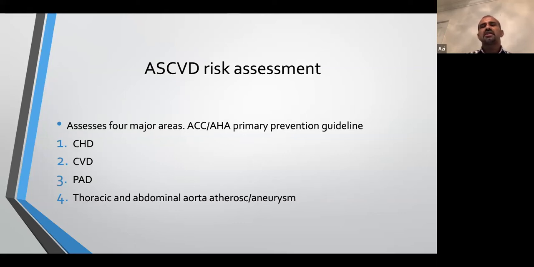The assessment is done in 4 major areas: coronary heart disease, which is essentially coronary ischemic heart disease, then cerebrovascular disease, and peripheral artery disease, and thoracic and abdominal aorta, either aneurysm or atherosclerotic disease.